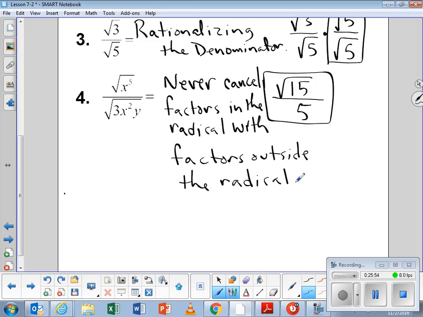Okay? You cannot cancel factors inside the radical with factors outside the radical.